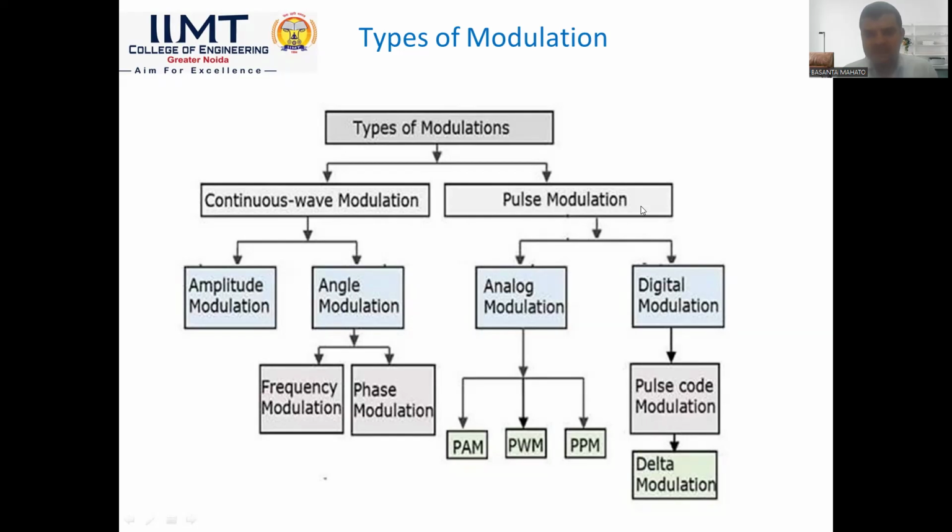Pulse modulation is of two types: analog modulation and digital modulation. Analog modulation is of three types: PAM, PWM, PPM, that is pulse amplitude modulation, pulse width modulation, and pulse position modulation. Digital modulation is pulse code modulation and delta modulation.